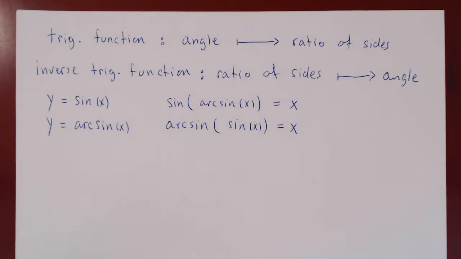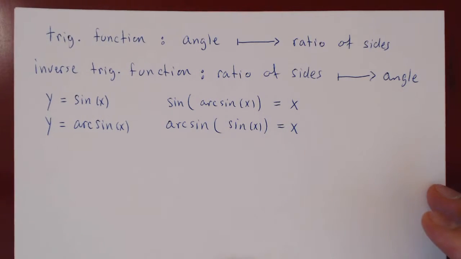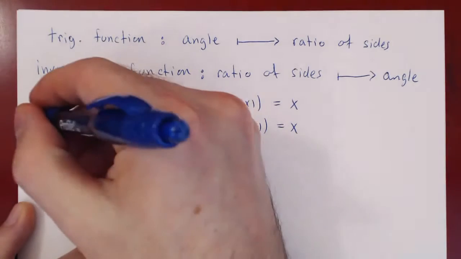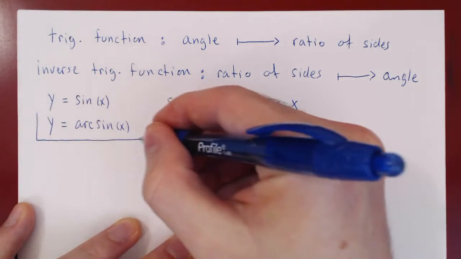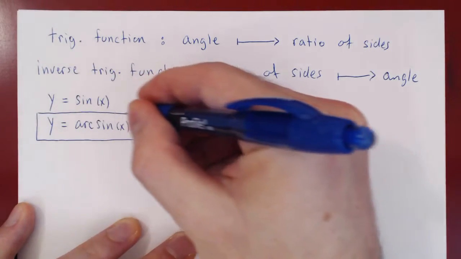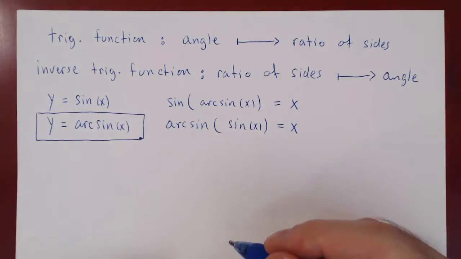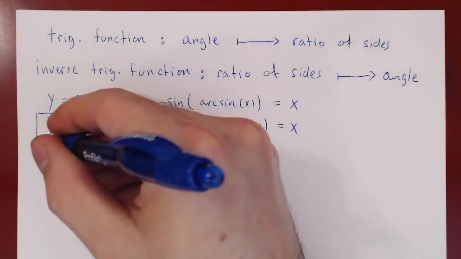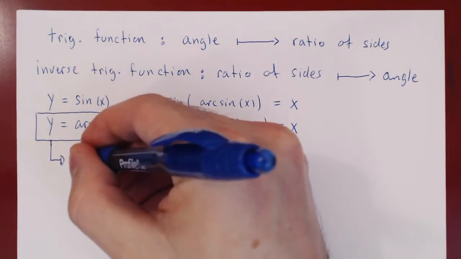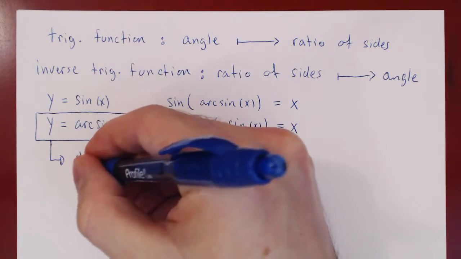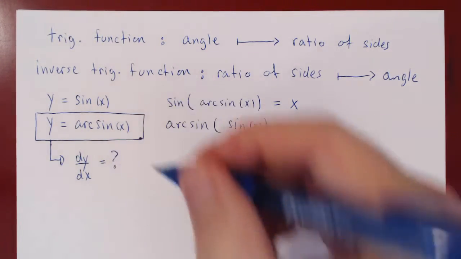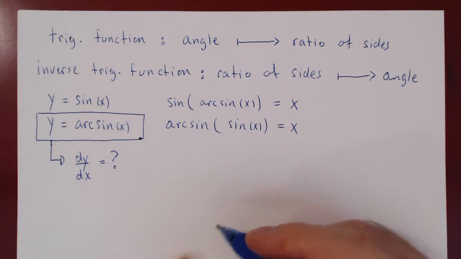So now all we need to do is find the derivative of arc sine using implicit differentiation. We're trying to differentiate the function y equals arc sine of x, so we are looking for the derivative dy over dx. What is the derivative of arc sine of x equal to?